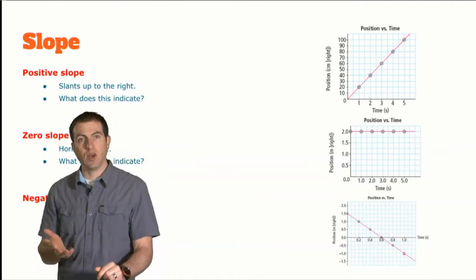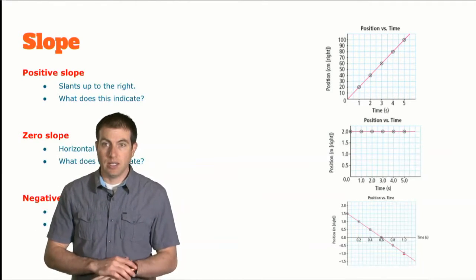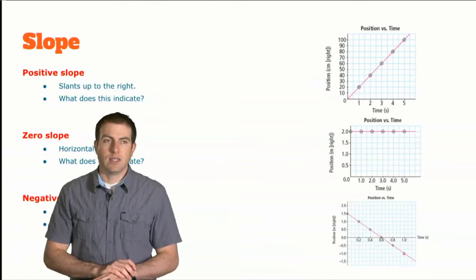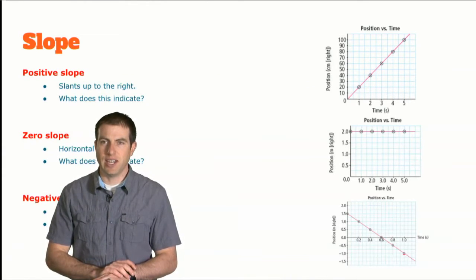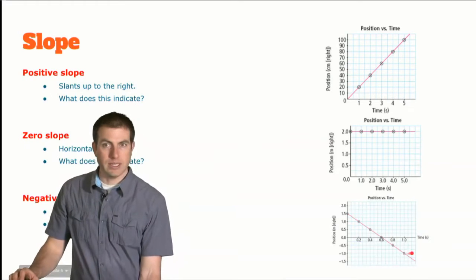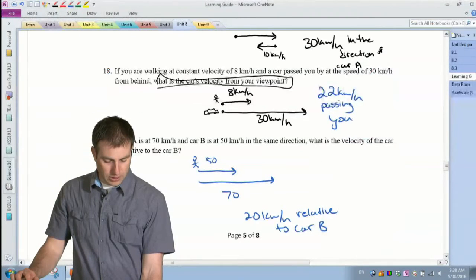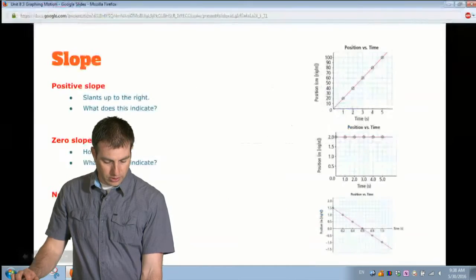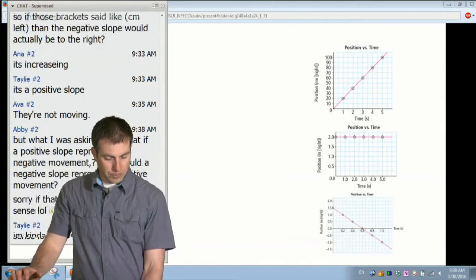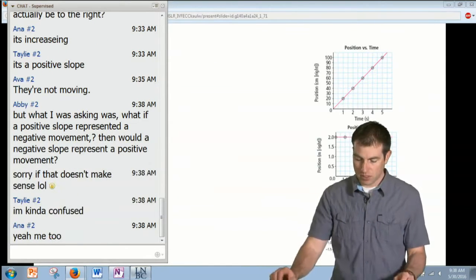So a negative slope is representing negative movement. Then would a positive slope represent a negative movement? Then would a negative slope represent a positive movement? Oh boy, we're getting deep now. Yeah, I guess it's kind of confusing stuff.